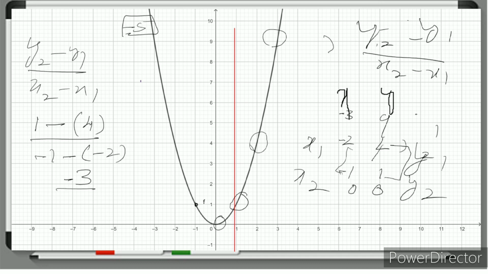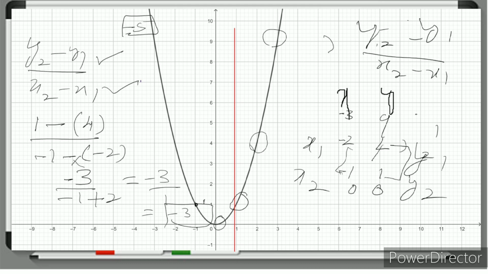Here minus times minus will be plus, so minus 1 plus 2 is 1. So I got the rate of change, that is change in output, y is known as output, divided by change in input. So the rate of change, that is slope, is minus 3.